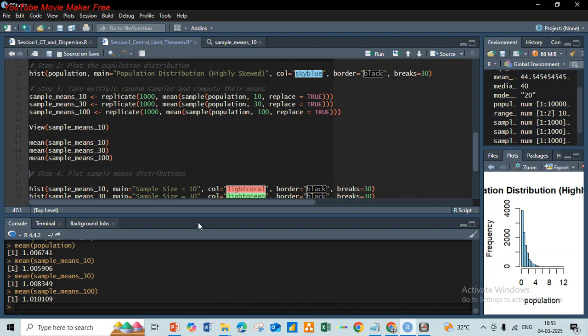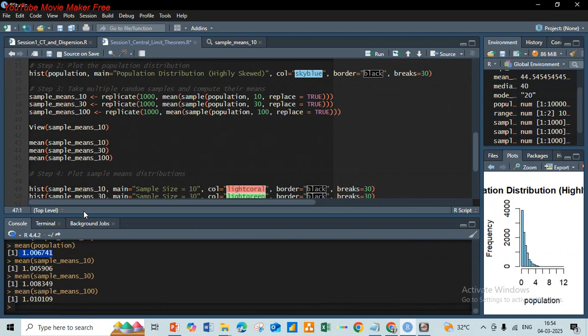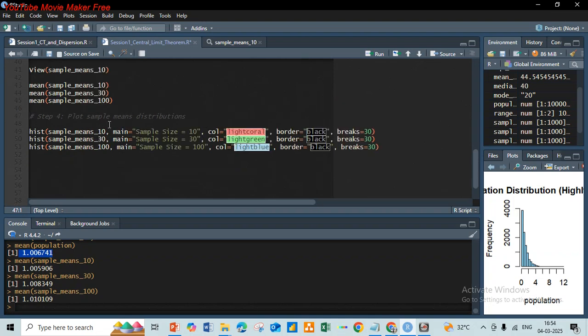So we can see that the means in all of these cases is pretty similar to the original population mean of 1.006, right? So that is basically another concept of the central limit theorem, which states that the mean of the sample means would be close to the population mean. So that is the concept here, right?